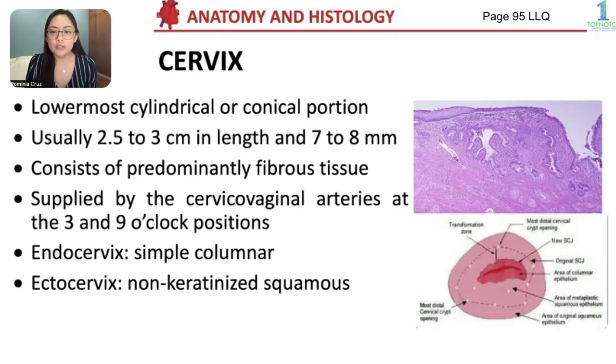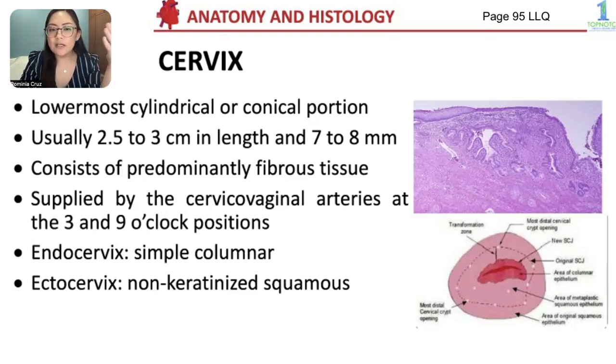And the portion protruding into the vagina, yung nakalabas sa vagina, is the portio vaginalis. In this area, it is supplied by your cervicovaginal arteries, which also comes from your uterine artery. Your cervicovaginal arteries would supply the cervix in the lateral cervical wall, specifically at the 3 and the 9 o'clock position.